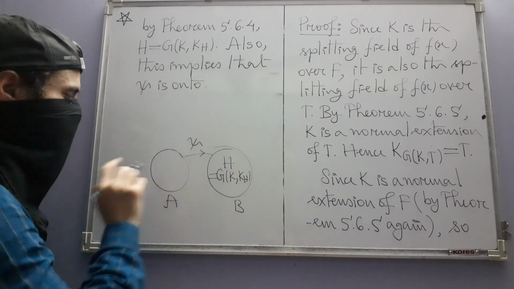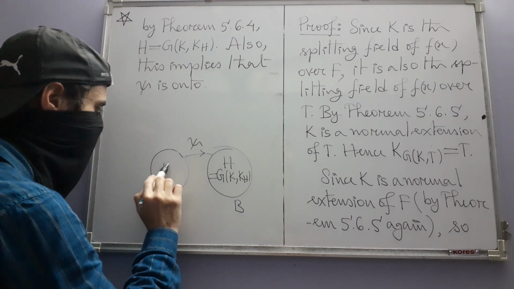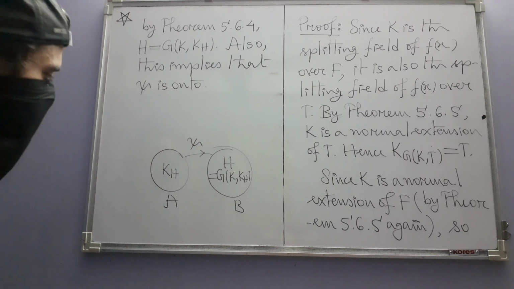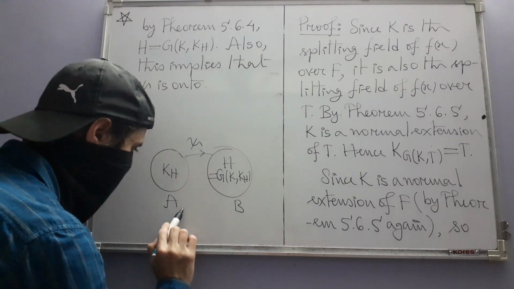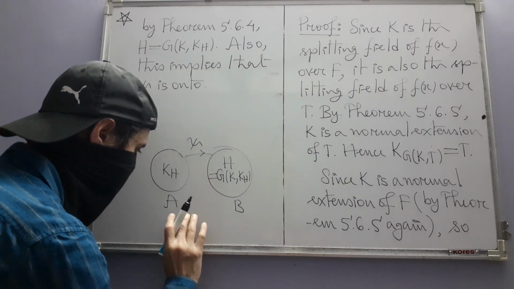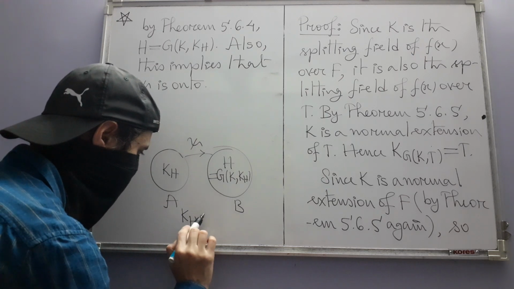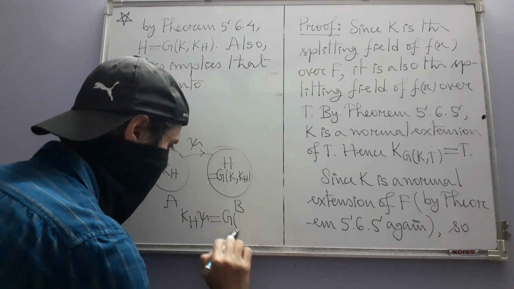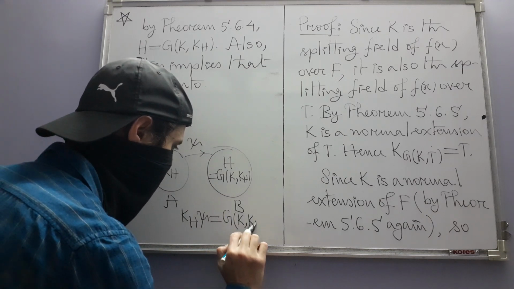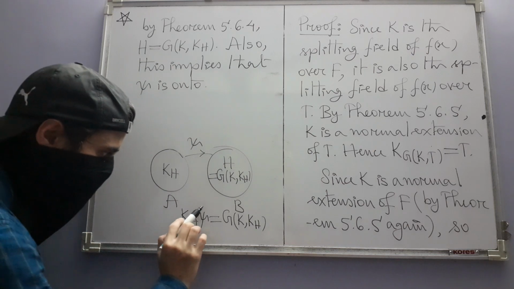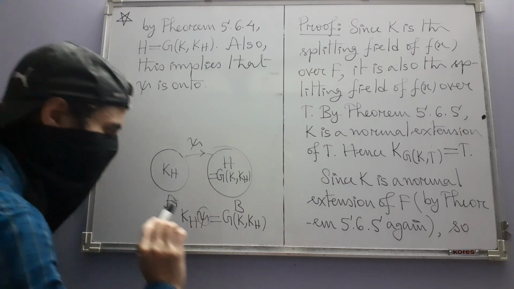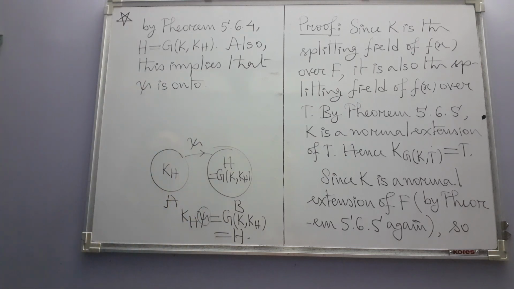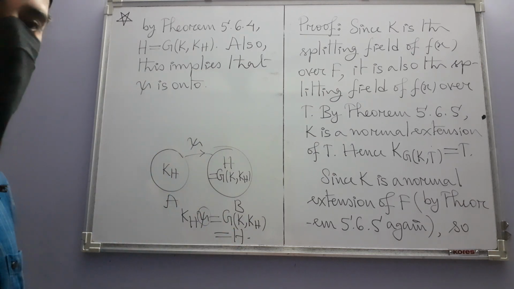So by the definition of psi, we have K_H here, the fixed field of the group H, and the psi image of K_H is actually equal to this, which is nothing but H. And that is why psi is onto, because of part 2.